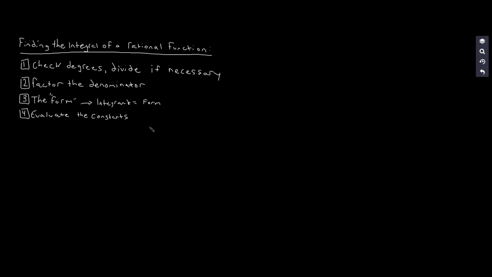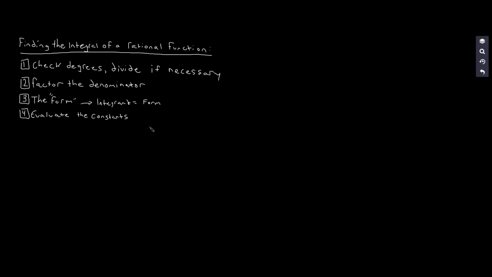Multiply both sides of the equation by the denominator, which is the lowest common denominator, and then find the constants by, you could either substitute a value in for x, or you could try to equate the coefficients, or some combination of them both, or you could also use your calculator.